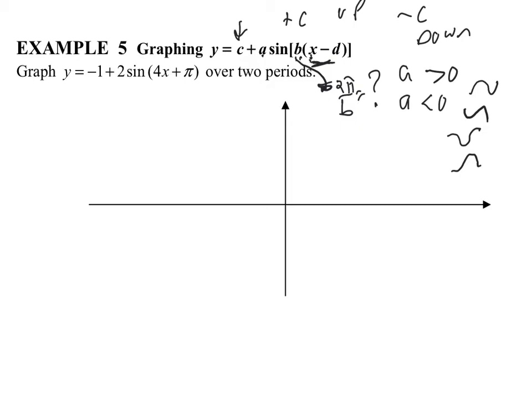Now, of course, this minus D is what tells us if we're going left or right. Basically, if D is positive, then it's a minus D, and a minus D would imply going to the right. If D was negative, that ends up with a plus D. Since D is negative, we are going left.